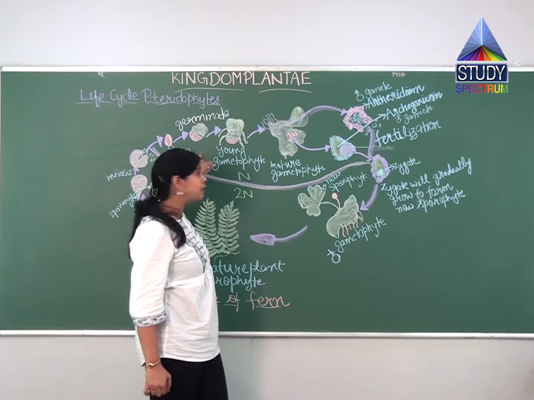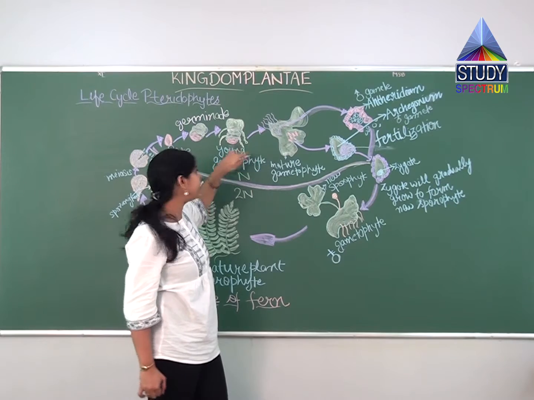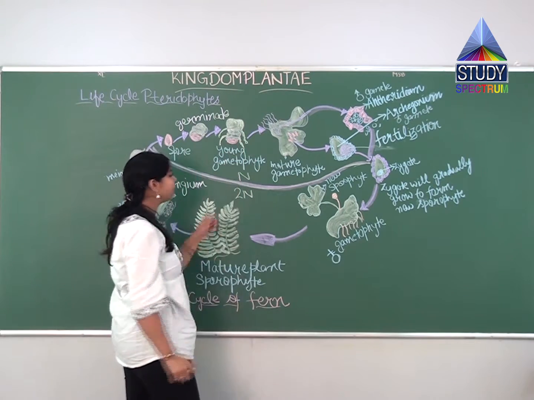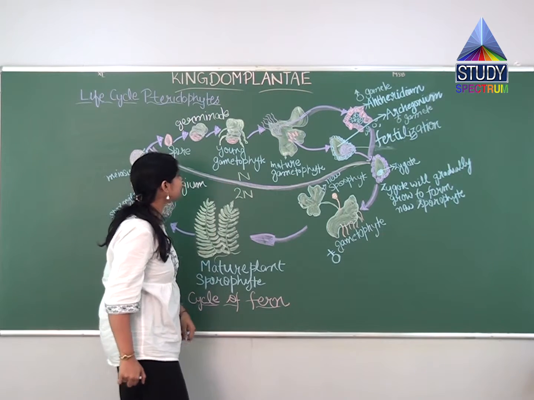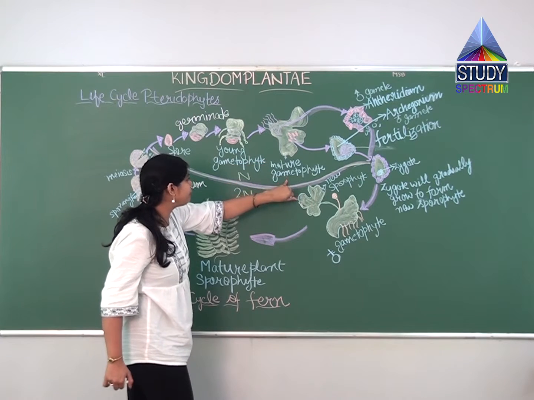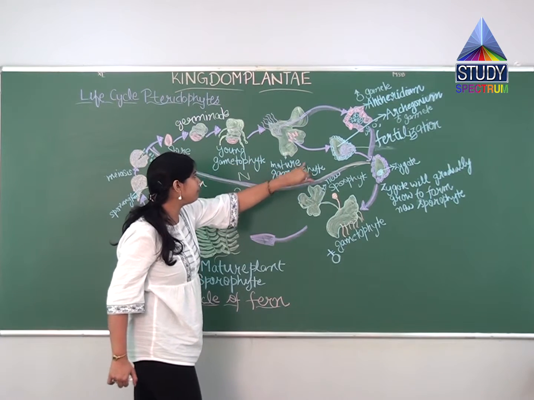When these spores come out, they will again germinate and form the gametophyte. Here you can see the structure of the young gametophyte. This young gametophyte will grow and form the mature gametophyte.